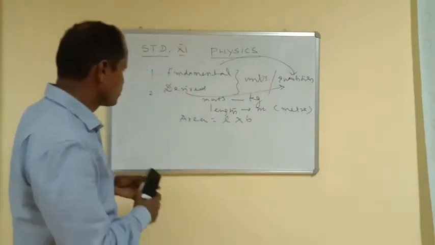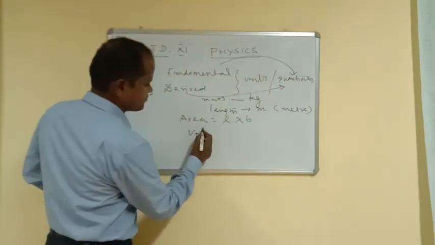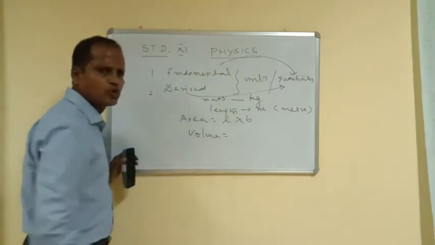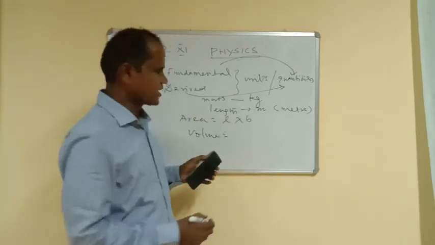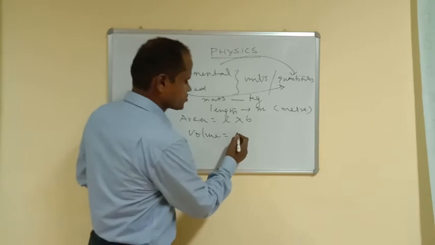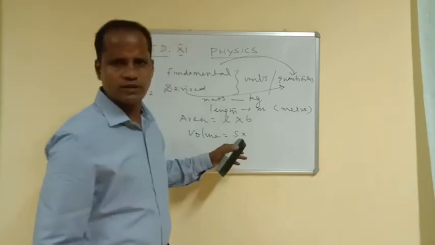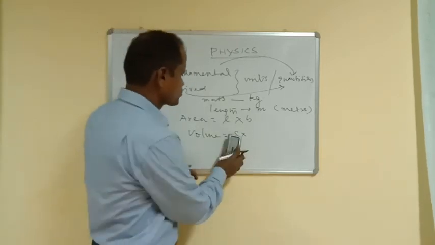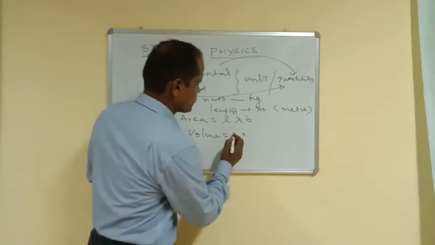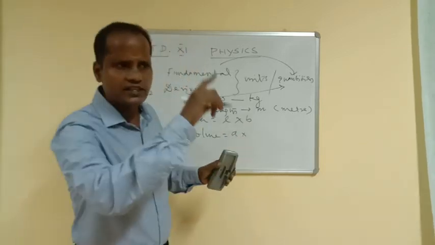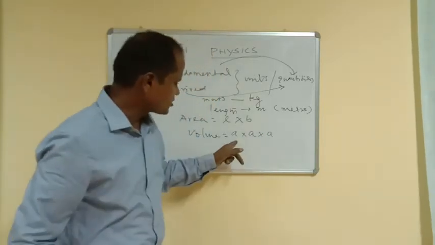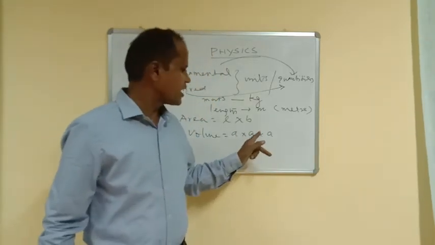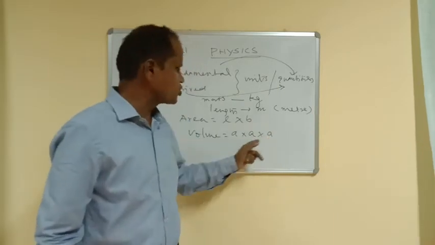Now take volume. What is the volume of a cube? Side into side into side. Suppose the length of one side is A. Another side A, length A, breadth A, height A. That's why it's a cube.